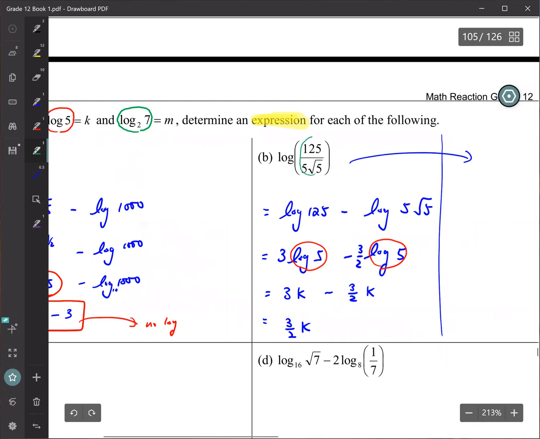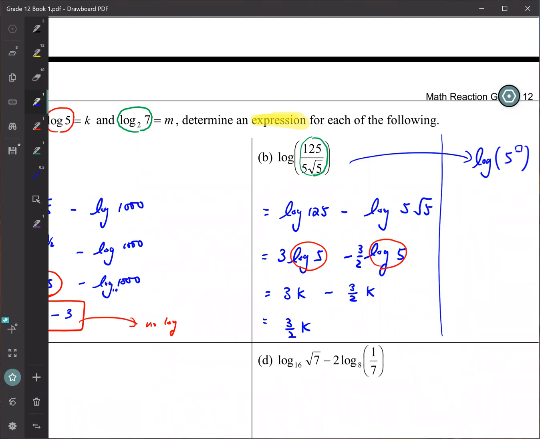Because you can see the inside, every number has to do with base of 5. So you could simplify the inside, so then you make it look like log and then 5 to the something, doing the same base thing. And once you get to that point, I believe it should become 3 over 2 in the box, and then bring it down to the front. That's another way to go.